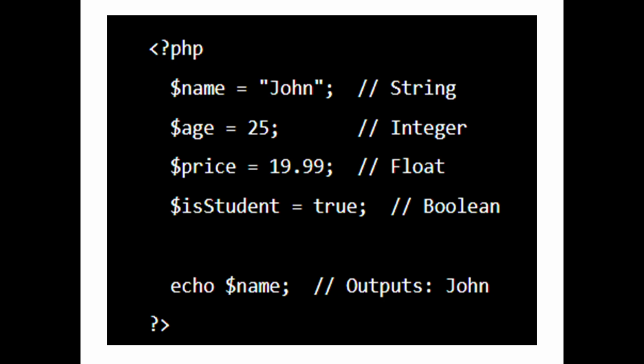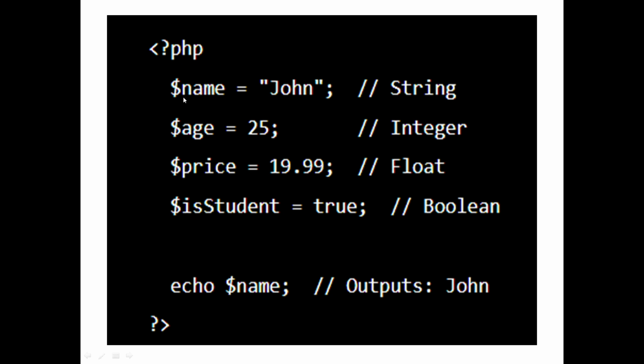So this is the basic example. As we have discussed, a PHP program or script starts with angular bracket, question mark, php, and we have to close the open tag. Inside this we are going to give PHP code. First thing is name. Name is a variable which starts with a dollar sign.